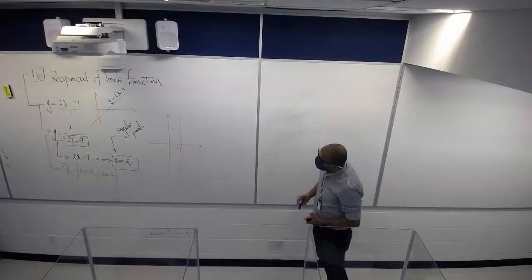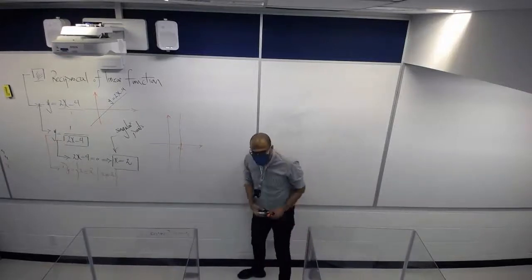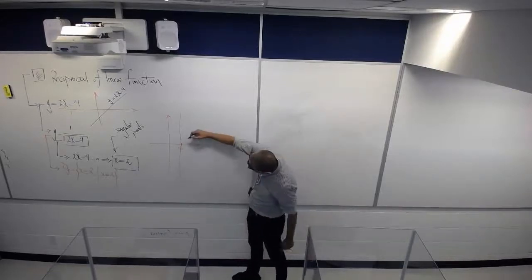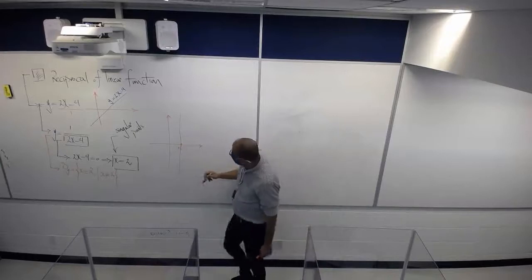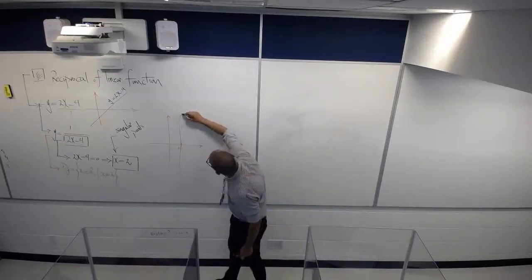Now, look at this. As Alexandra said, now that I have this lemon, now that we have this disaster, when I plot this function, I see a very strange behavior.